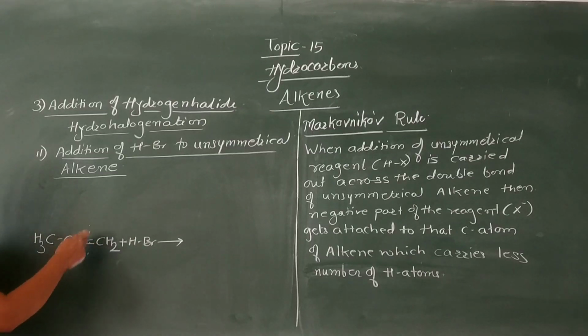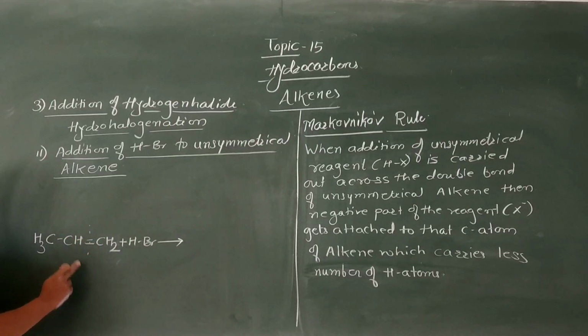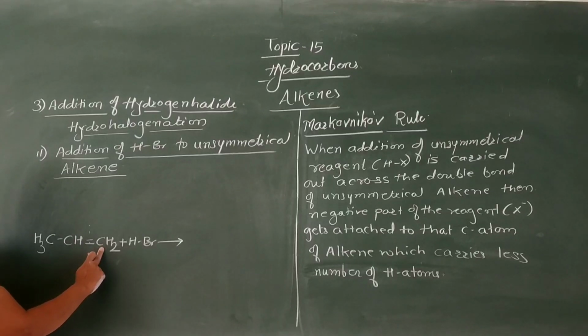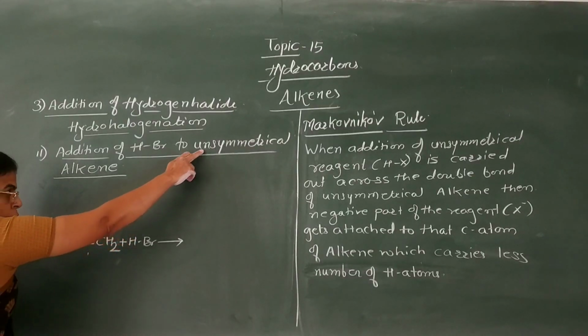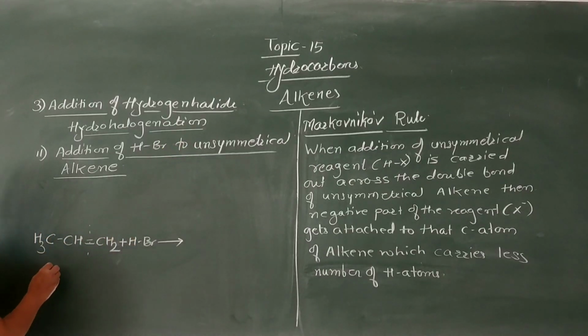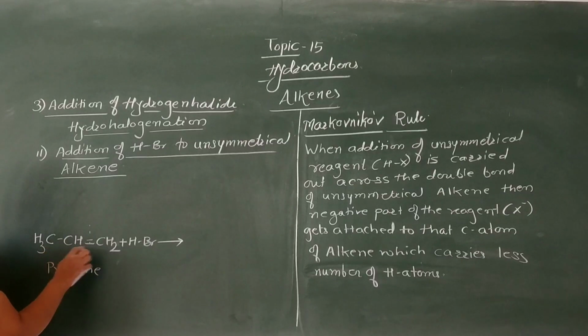Now if we draw a symmetry line on the double bond, then on one side there are 2 carbon atoms and 4 hydrogen atoms, and on the other side there is only 1 carbon atom and 2 hydrogen atoms. Therefore it is an example of an unsymmetrical alkene. The name of this compound is propene. There are 3 carbon atoms, and therefore it is propene.